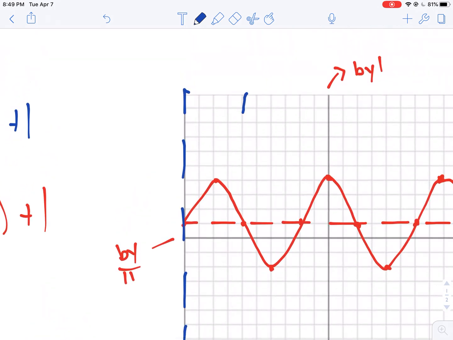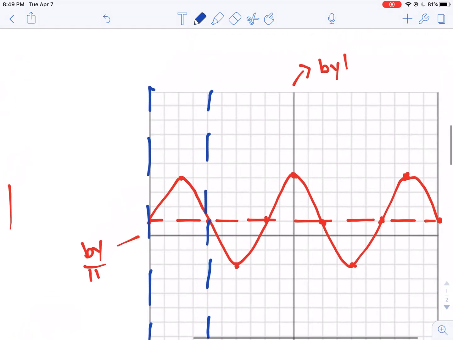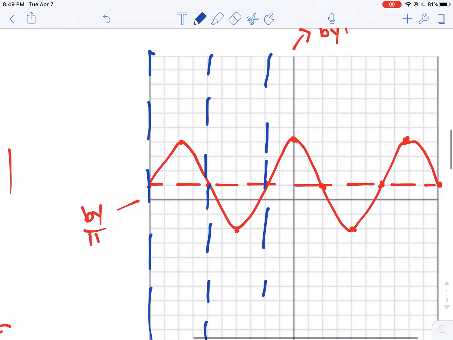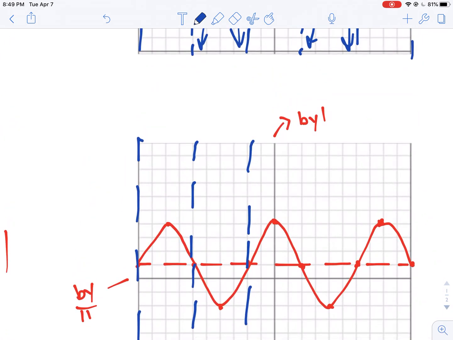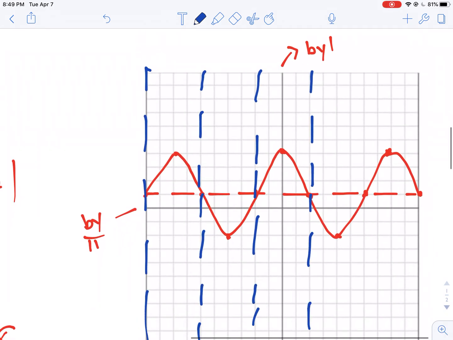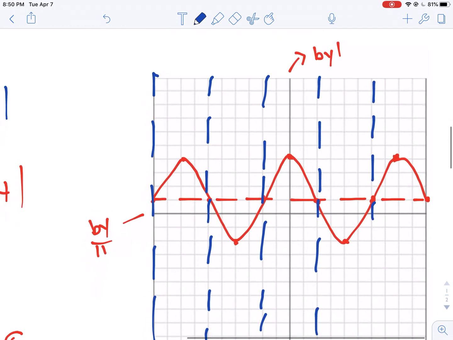Again, just like I pointed out in the notes, you have to draw your vertical asymptotes through this new fake x-axis. It's not where it crosses the x-axis. If you do it where it crosses the x-axis, you're going to end up with some just radically incorrect vertical asymptotes. Again, we take the secant of the function before we add 1 to it.